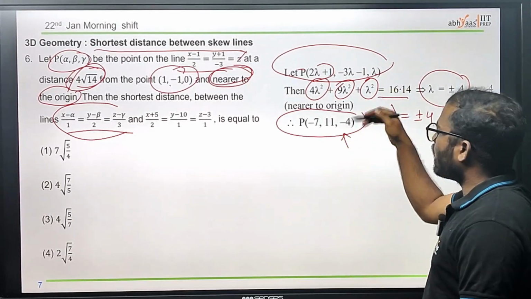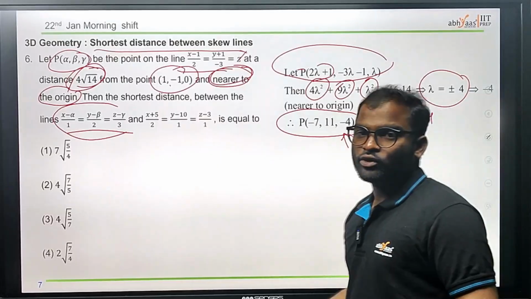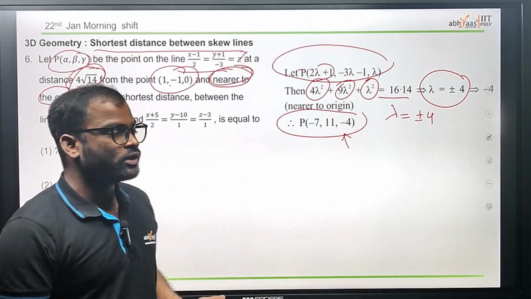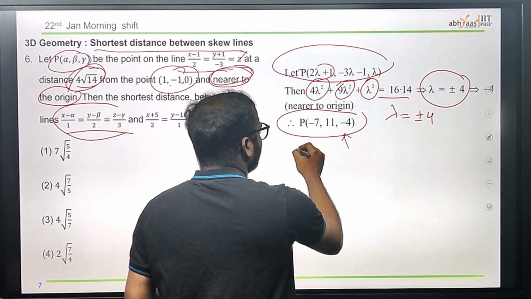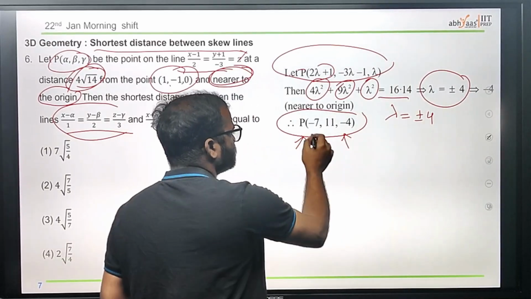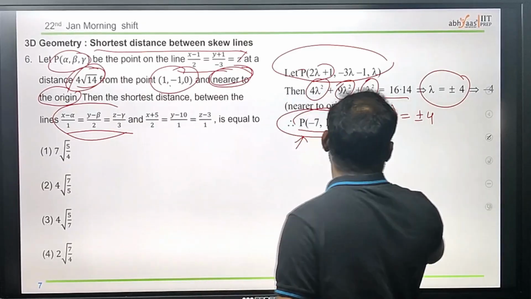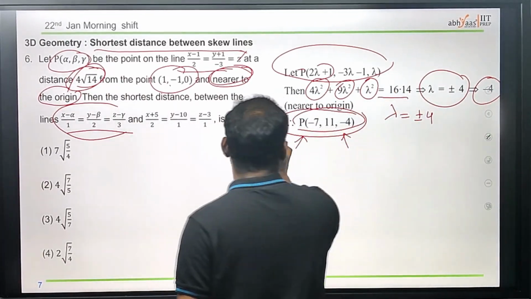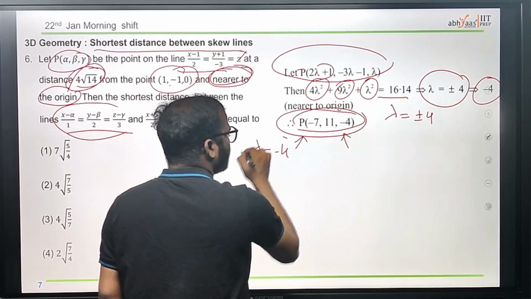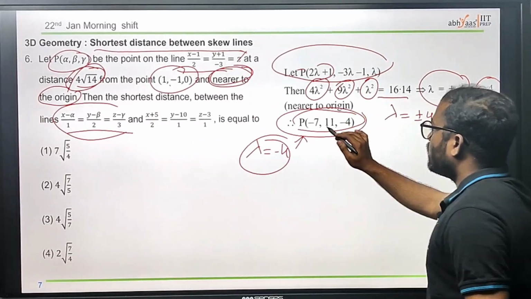If we have another point, how can we choose? Just take the magnitude of that. By using the magnitude, we can easily check which is nearer to the origin. In this question, this point is nearer to the origin. Therefore we take this, for which lambda equals minus 4. Now we have the alpha, beta, gamma.